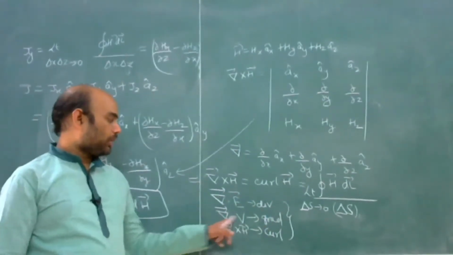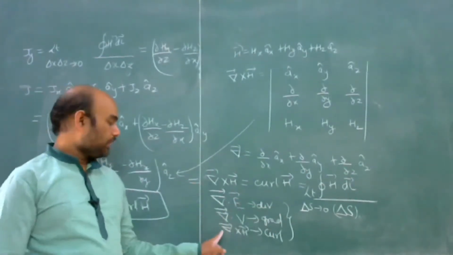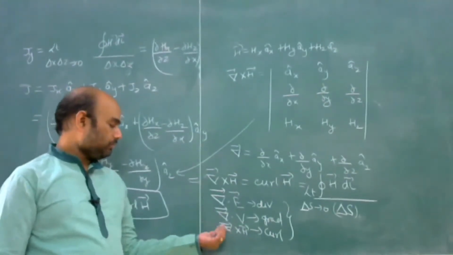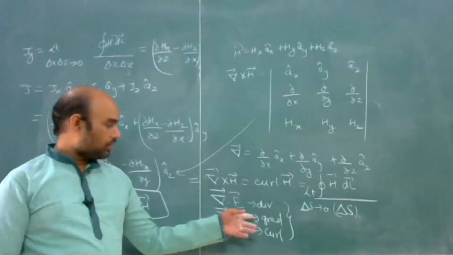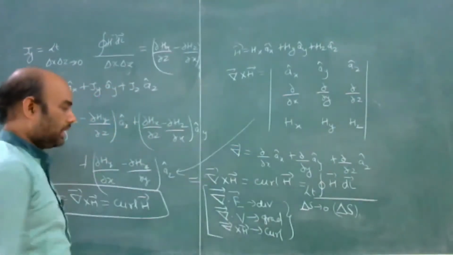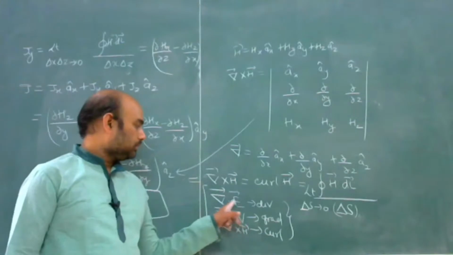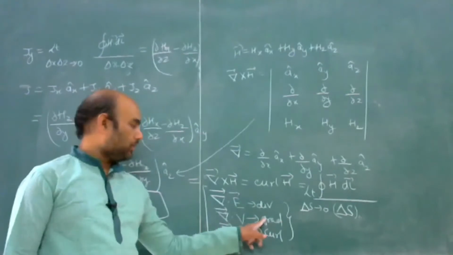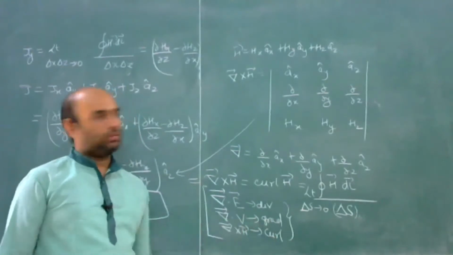The vector operator applied on a scalar gives gradient, and it will be a vector. And the cross product of the vector operator on a vector gives you curl, and again it is a vector. Okay.